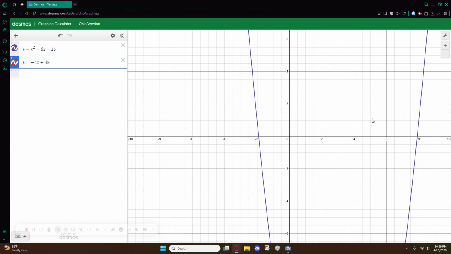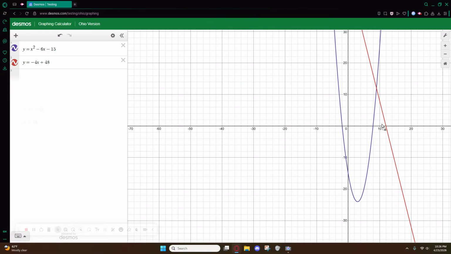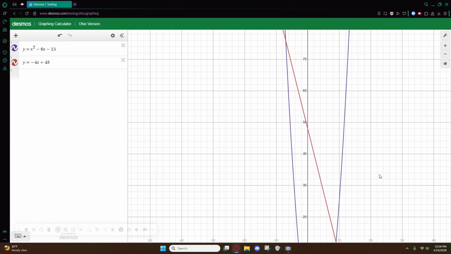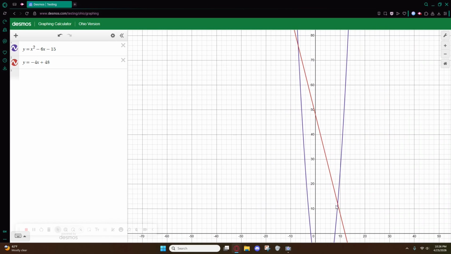And we're going to see where these cross. There's one cross here. My graph is not moving. I'm not a fan of that. So there's one cross here at 9, 12. There's one cross here at negative 7, 76. I'm just going to pick 9, 12.